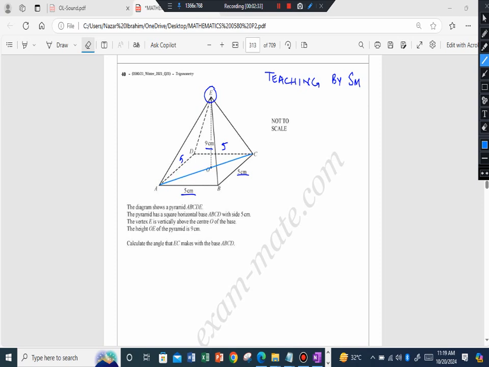Okay. Now we want to calculate this angle, the angle which the side EC is making with the base, right? So first, let's consider this triangle, that is OCE.